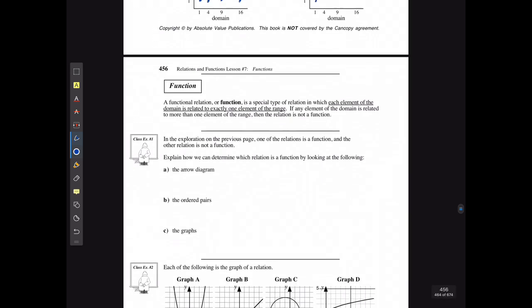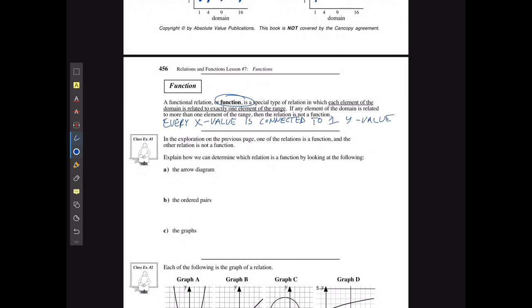So when we're talking about a function, a functional relation, or function, is a special type of relation in which each element in the domain is related to exactly one element in the range. Another way I could say that is every x value is connected to one y value.